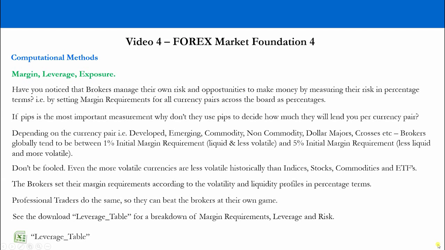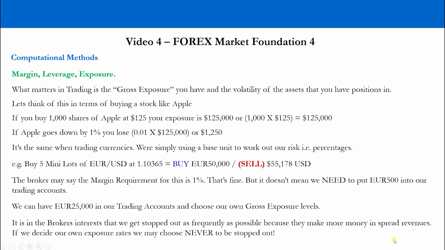Now, what really matters in trading is not how much leverage you can actually get or what the margin requirement is. What really matters is what your gross exposure is. That's your real risk. That's how professional traders calculate their risk. The first thing they look at is their gross exposure and the volatility of the asset, or assets, that you have positions in. So let's think of this in terms of buying a stock like Apple.